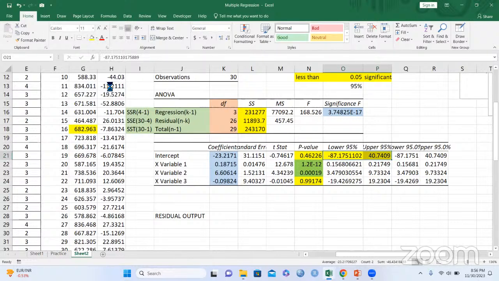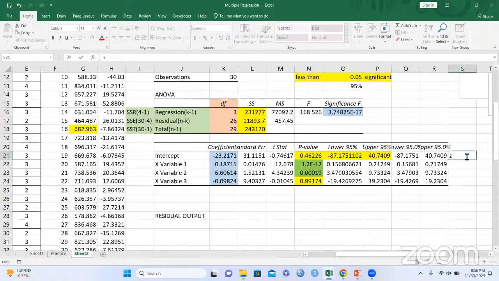Yes, there is a zero. So a zero is existing in between the lower limit and upper limit. If there is a zero existing in between, it is not a significant variable.